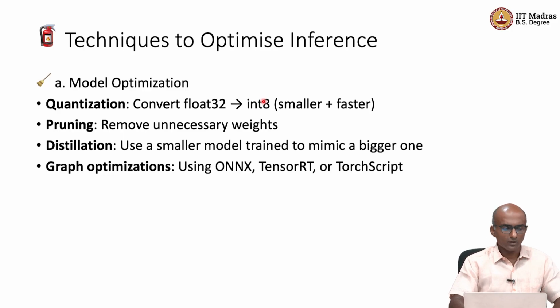But more importantly, the difference between 32 versus 8 bits is 4 times the size. And that 4 times the size means you've got 4 times lesser amount of data that can fit into the cache line, the L2 cache line in the GPU, which means that much lesser data gets processed in one iteration if you use a 32-bit representation.